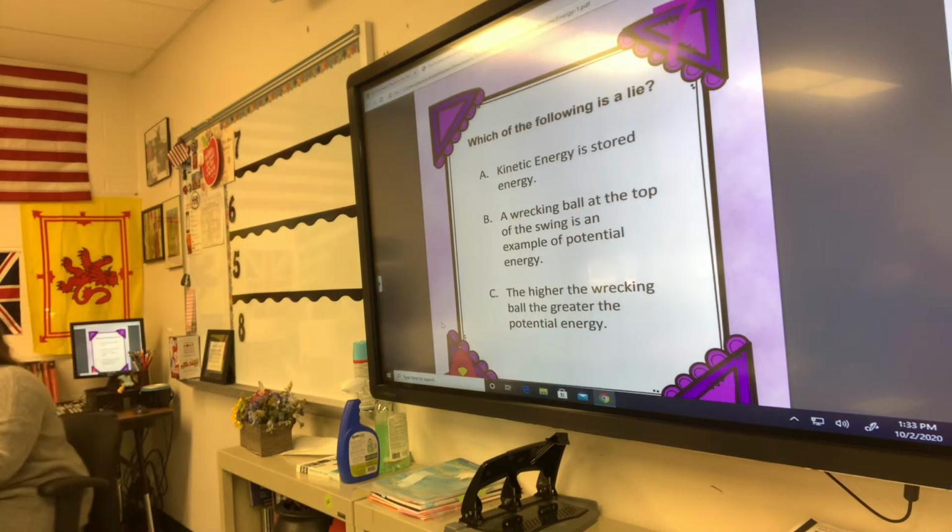Alright, number 7. Which of the following is a lie? A, kinetic energy is stored energy. B, a wrecking ball at the top of the swing is an example of potential energy.